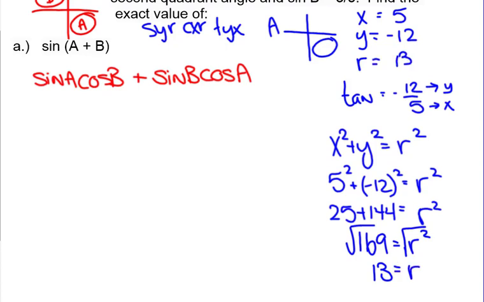We are also going to need to find our angle B. So angle B was in quadrant 2, meaning we're going to have a negative x. So same thing, we were given our sine of B was 3 over 5.